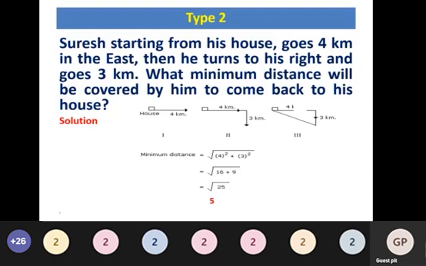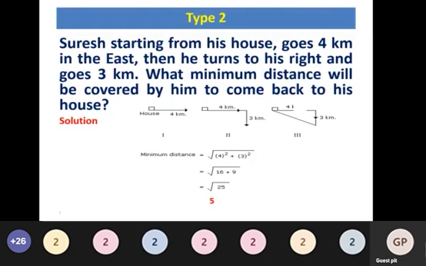So with the directions we have drawn here, that is the minimum distance. For this example, we make use of the Pythagoras theorem. They are asking for the shortest distance.